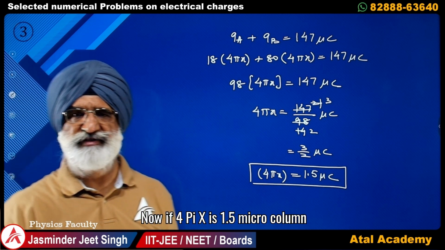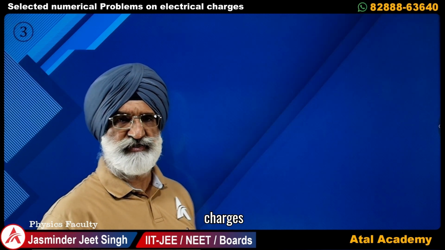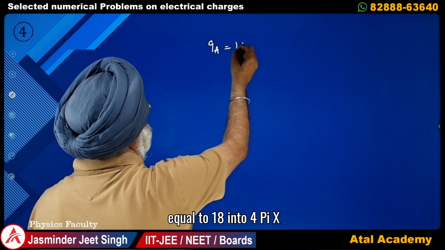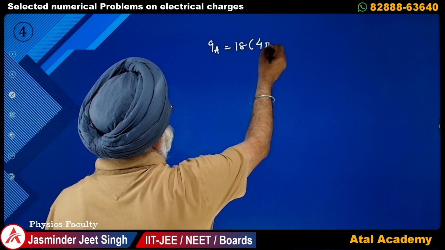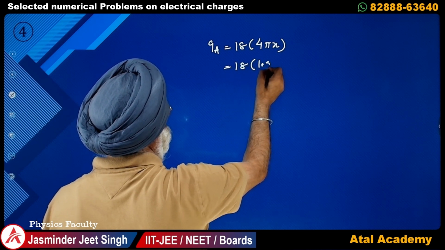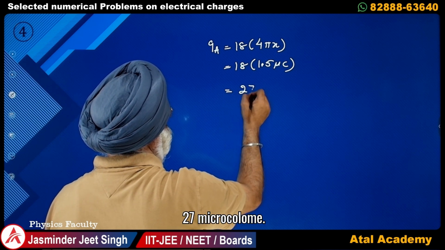Now if 4 pi x is 1.5 microcoulomb, then we can find the individual charges. QA is equal to 18 into 4 pi x, which is 18 into 1.5 microcoulomb. It will be 27 microcoulomb.